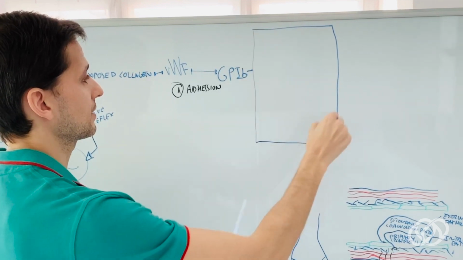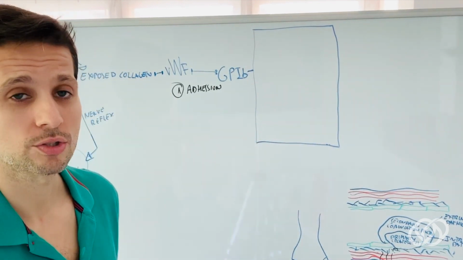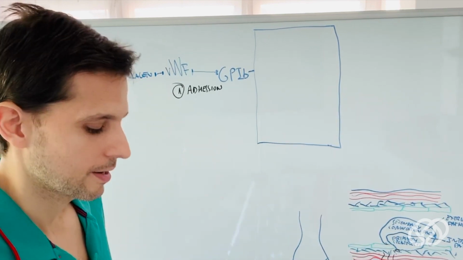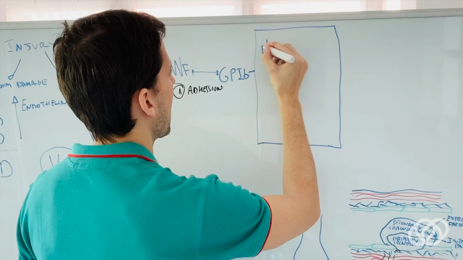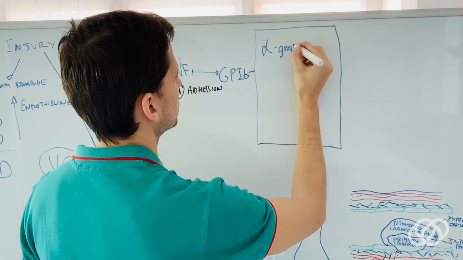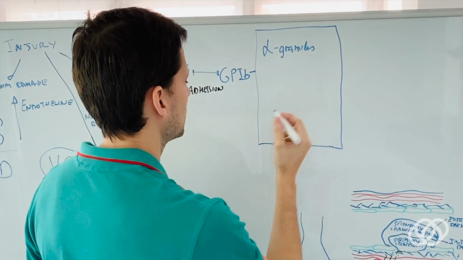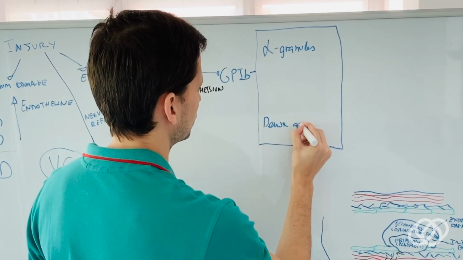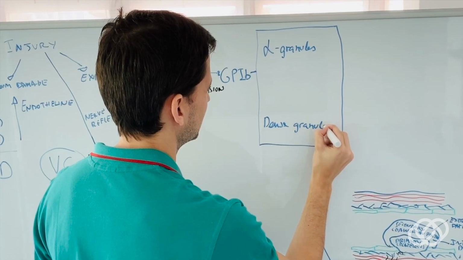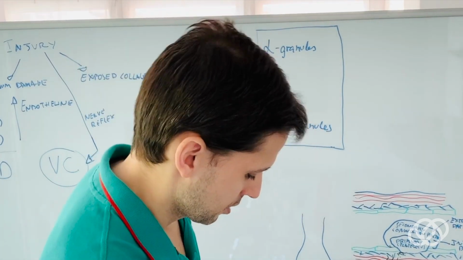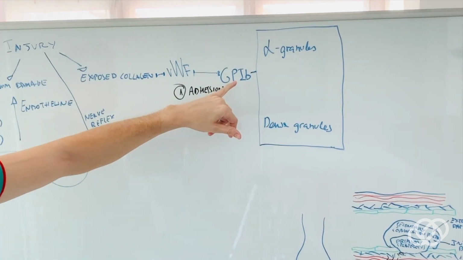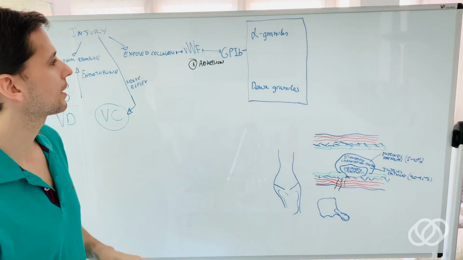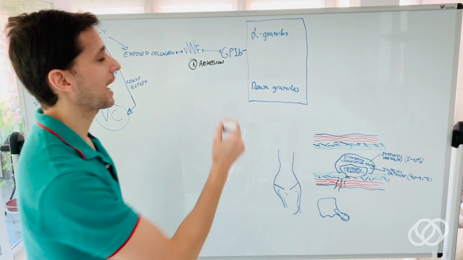So here we have the platelets. The platelets have inside some granules that store several substances. Here we have, for example, the alpha granules, and also we have the dense granules. So when the von Willebrand factor joins the GP1B, then the platelet gets activated.